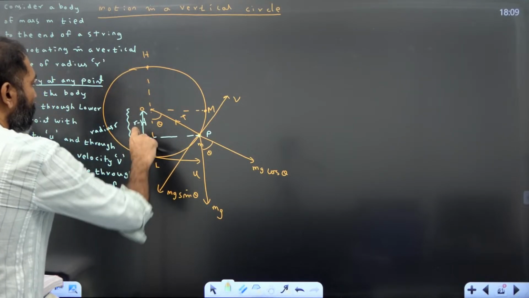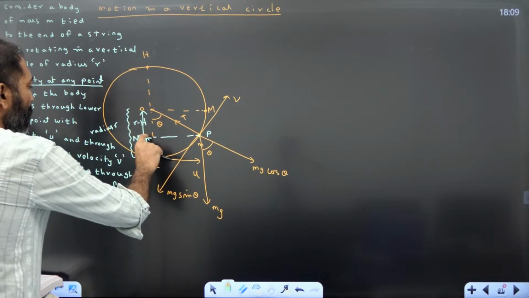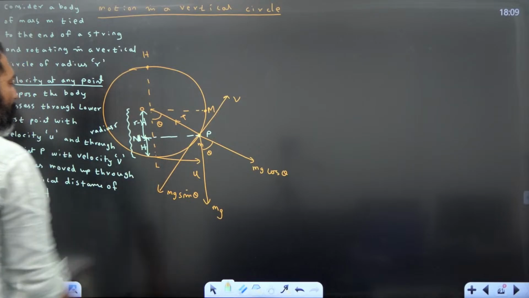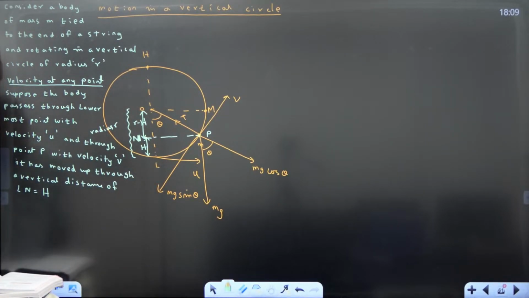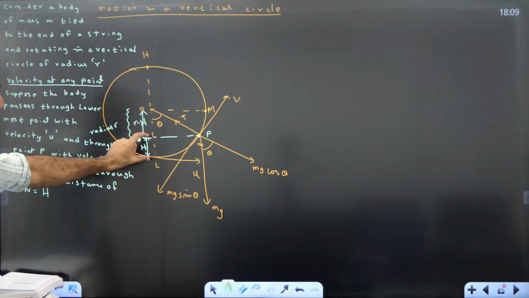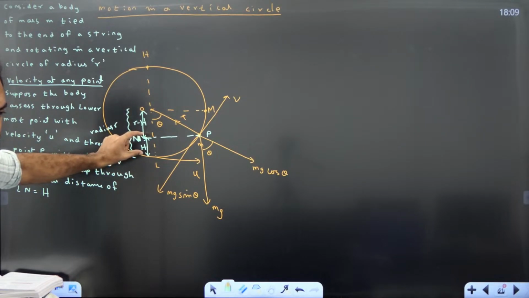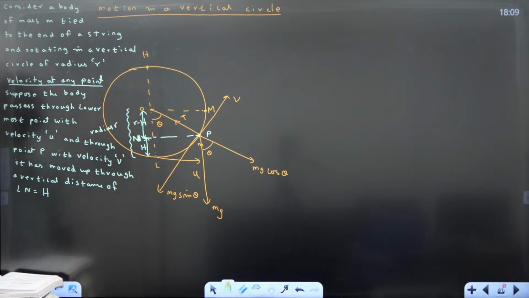So vertical height is what? Lowermost point to point n means Ln. That Ln equal to H. Any doubt? Vertical height Ln is equal to H. Yeah, Vidusha, good evening. Any doubt?